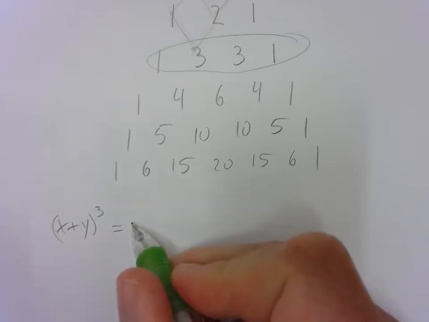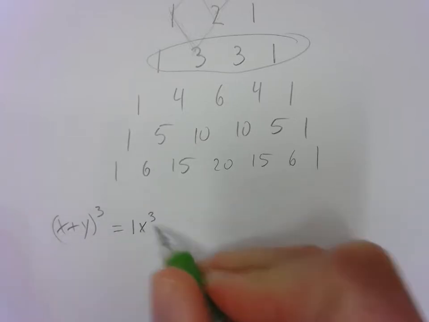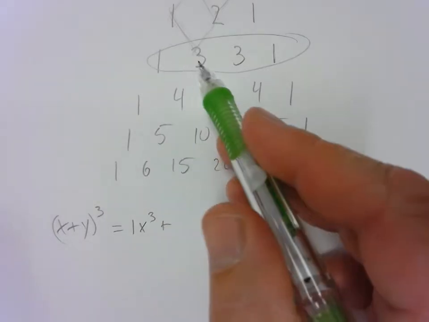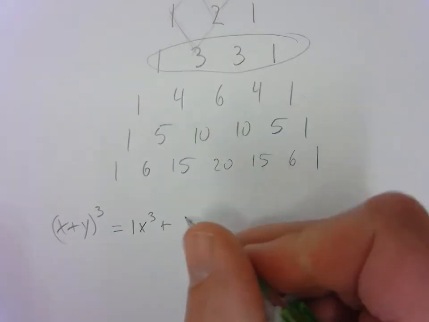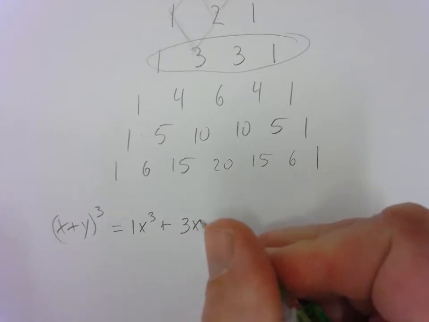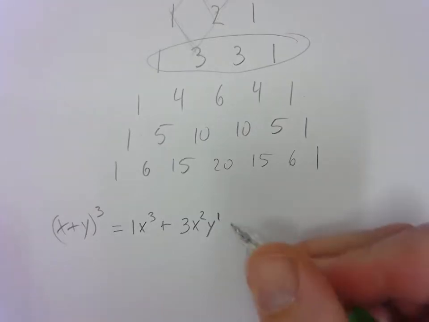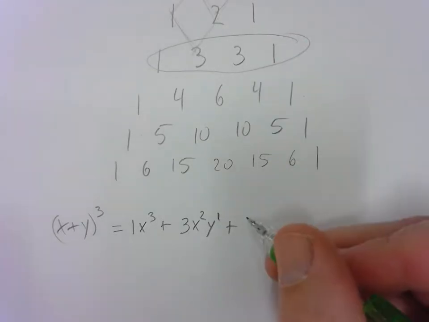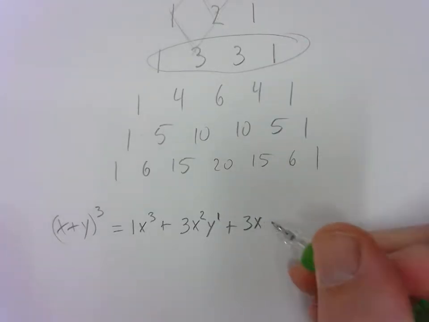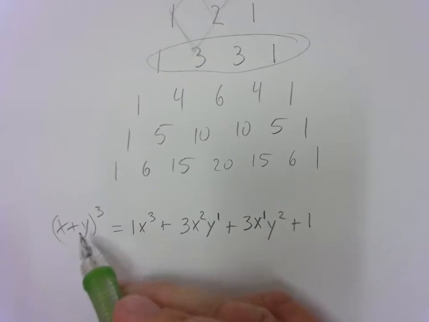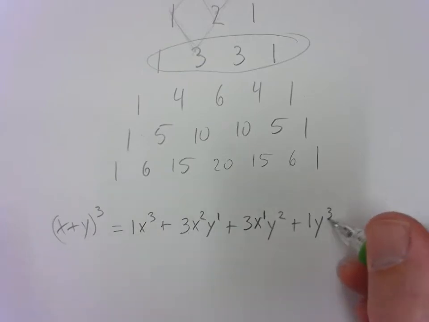So it makes sense that it's 1x cubed plus, then you bring in the next coefficient, which is 3. So it's 3x squared, and then the y would come in, y to the first. Plus, the next coefficient is 3. The x drops down a power, 1, and the y gains a power, 2. Plus 1, and then y times y would be y cubed.